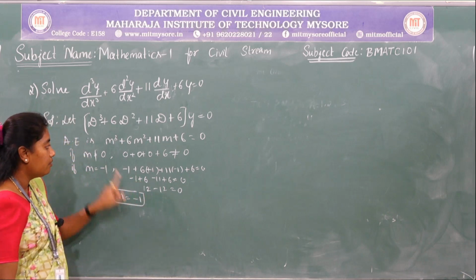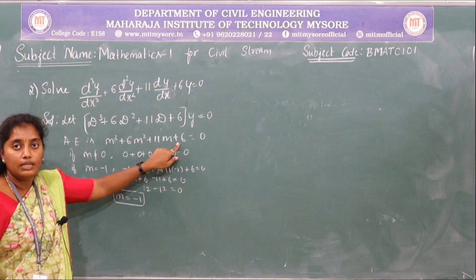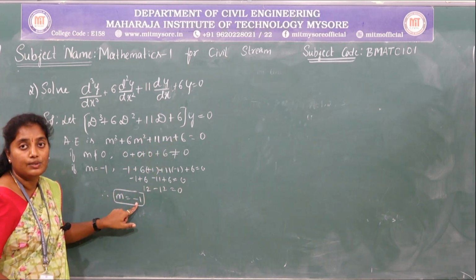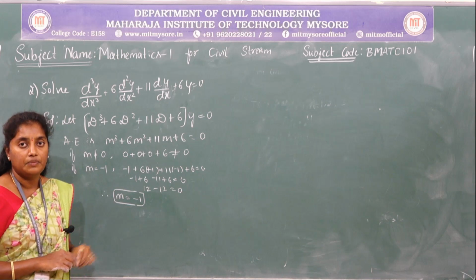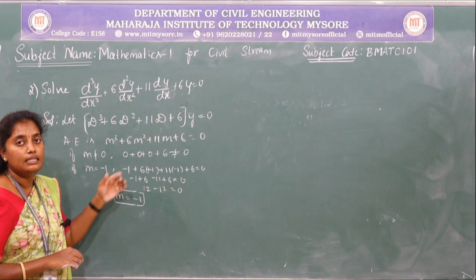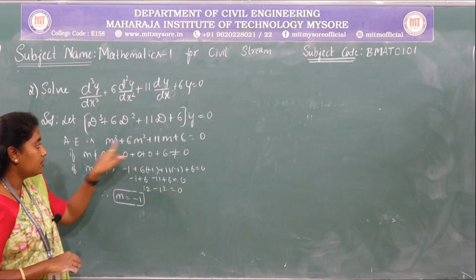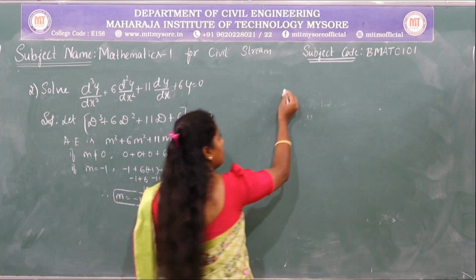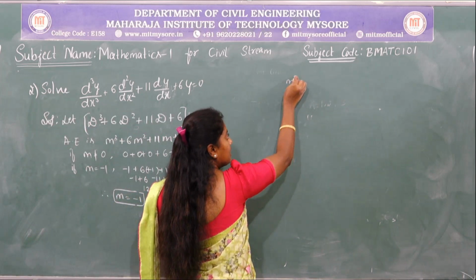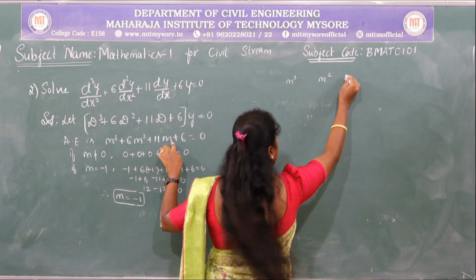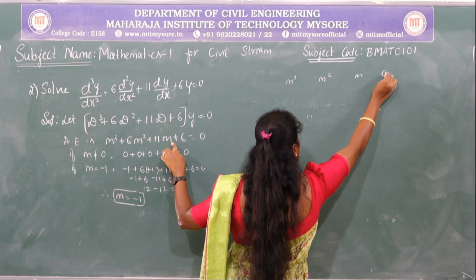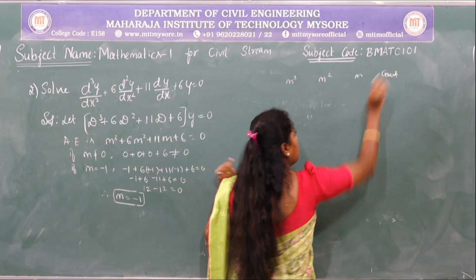So now we have to divide the cubic equation by m plus 1 to reduce it to a quadratic equation. So let us apply the synthetic division method. Write the coefficients of the given equation in decreasing order: m cube, m square, m, and the last one, a constant term.